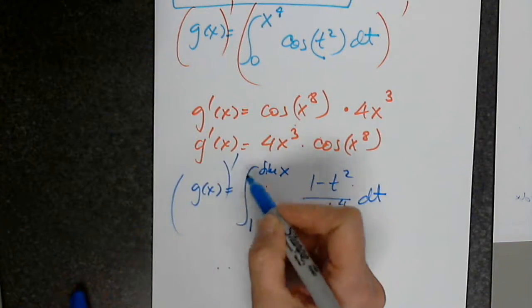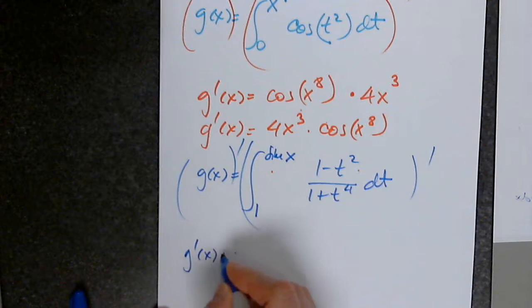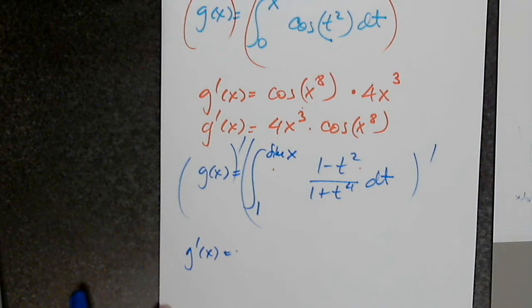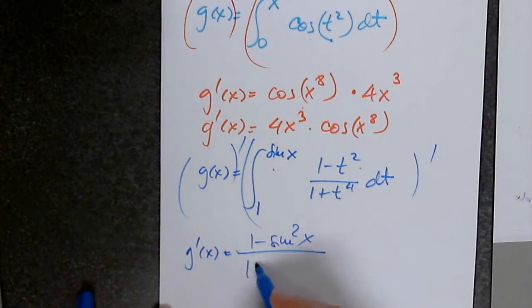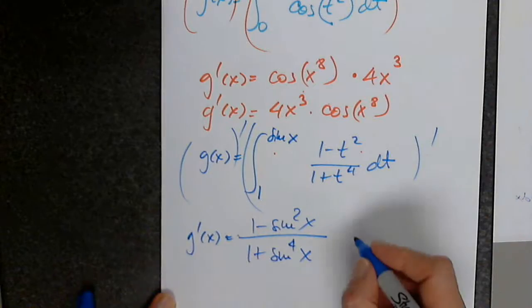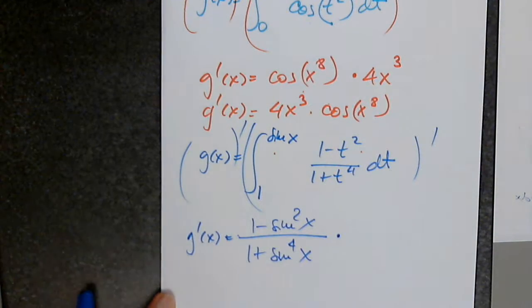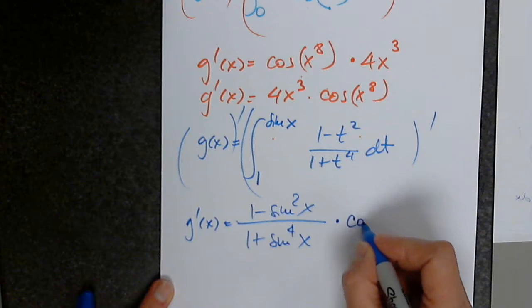So I differentiate the left and I differentiate the right. What now? G prime? 1 minus sine squared x over 1 plus sine to the 4th x, times, what is it, cosine of x?